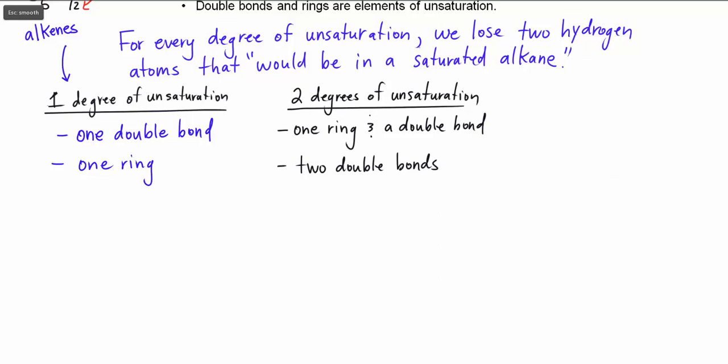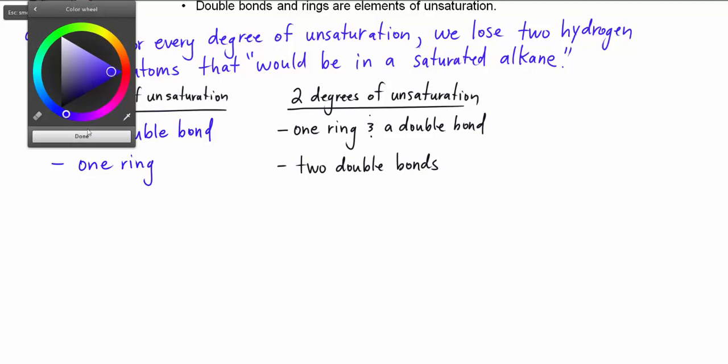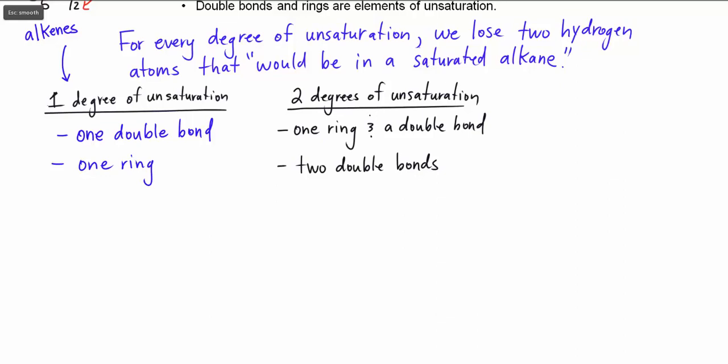And that would constitute 2 degrees of unsaturation. So here, for 1 degree of unsaturation, I can have a double bond like that.